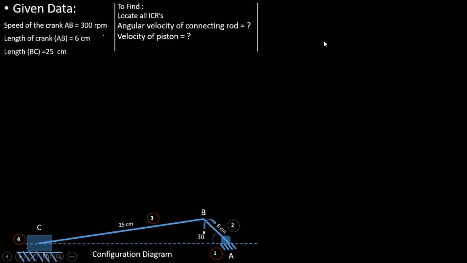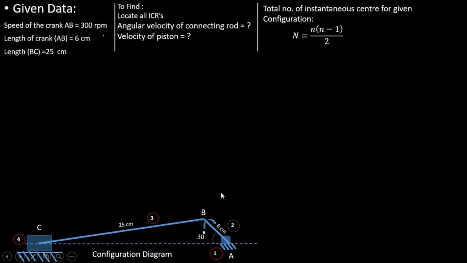So now the next step is we have to calculate total number of instantaneous centers. So we are having a formula to calculate the total number of instantaneous center for the given configuration, and the formula is capital N is equal to small n into n minus 1 divided by 2. As explained earlier, this capital N stands for the number of instantaneous centers and the small n stands for the total number of links.